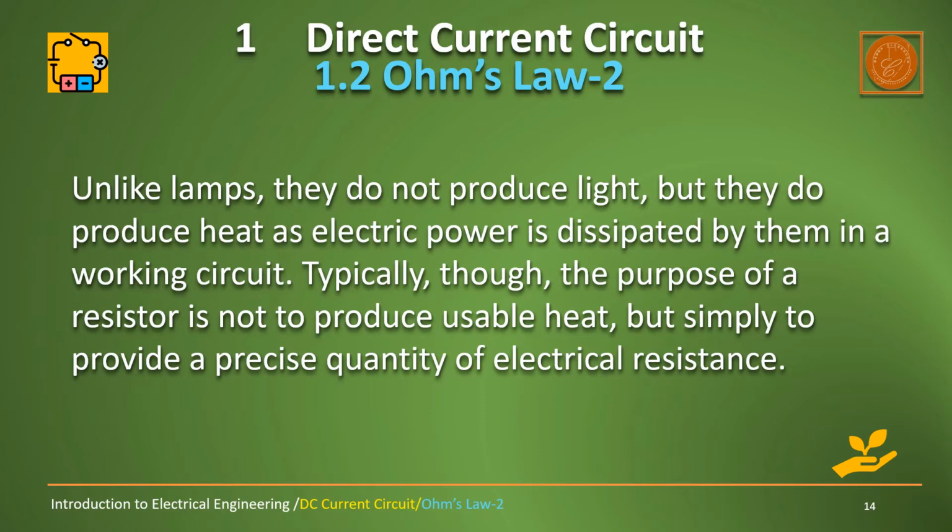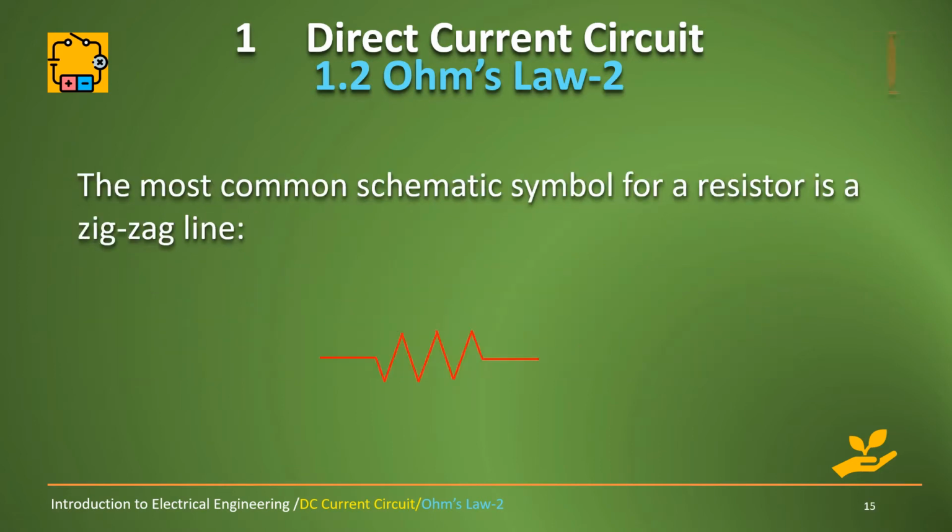Typically, the purpose of a resistor is not to produce usable heat, but simply to provide a precise quantity of electrical resistance. We have already learned about resistance in a previous video.